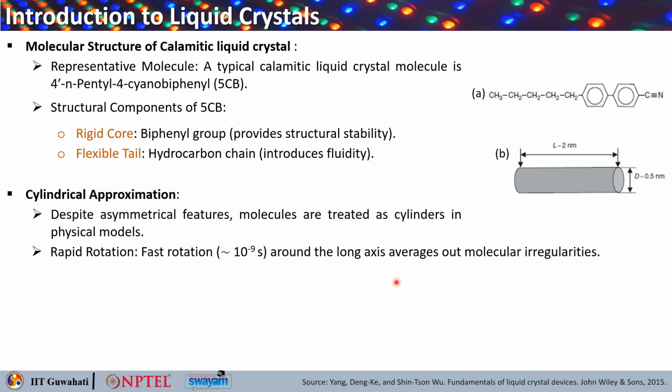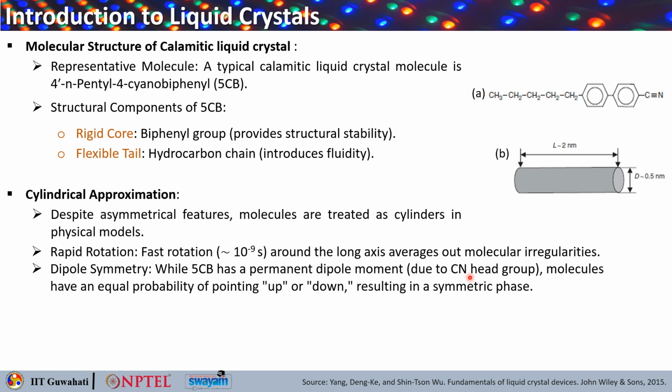It allows rapid rotation, that means you have rotation in the order of nanoseconds around the long axis, and that averages out the molecular irregularities. The other thing is that you have dipole symmetry. Here you can see that this 5CB has a permanent dipole moment because of this CN head group that you see here.